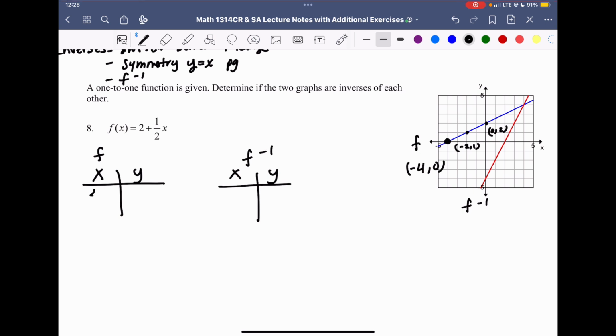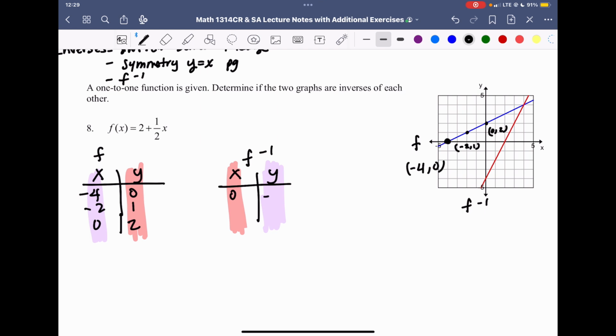So we have -4, 0, -2, 1, and 0, 2. So what I mean by switching x's and y's is that this is going to be my x column and this is going to be my y column. So in the inverse, my y's become x's and my x's become y's.